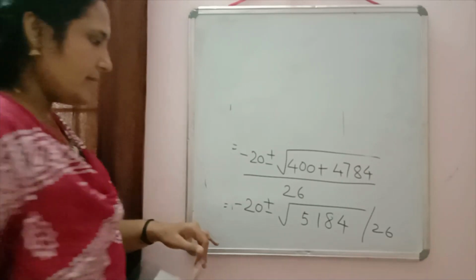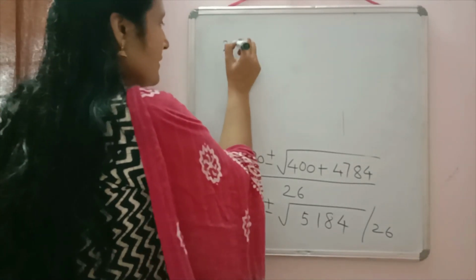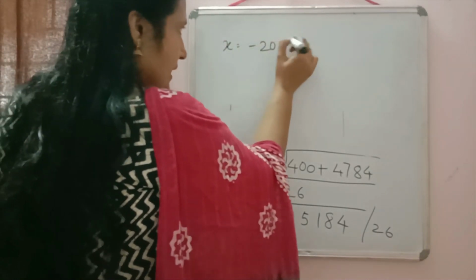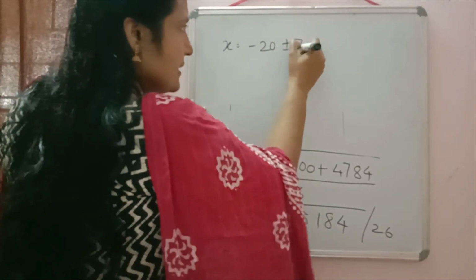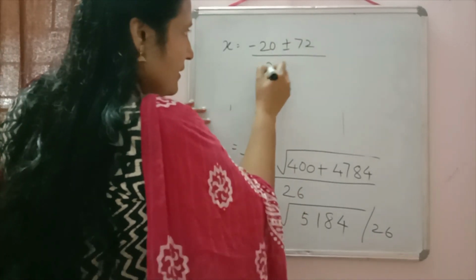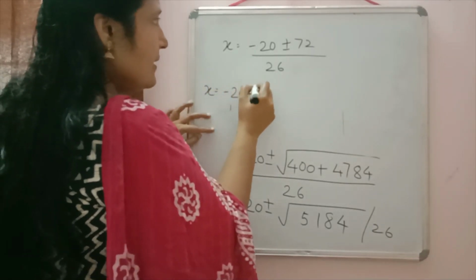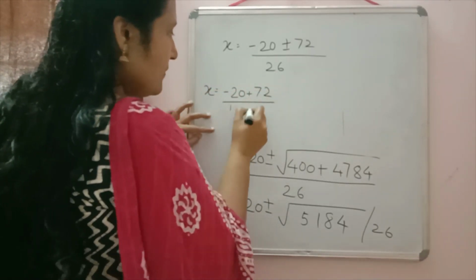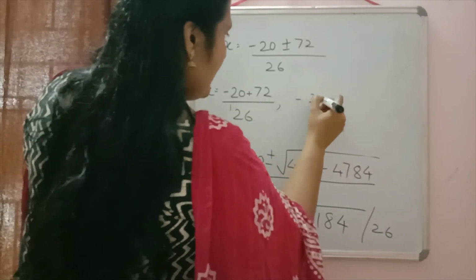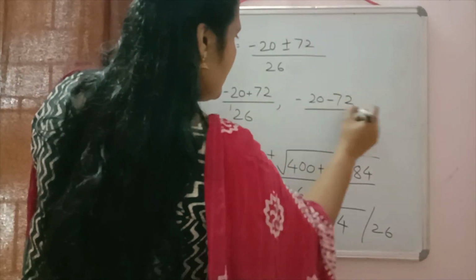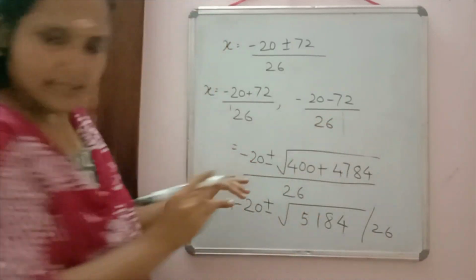So now we are getting x is equal to minus 20 plus or minus 72 by 26. So x is equal to minus 20 plus 72 by 26, or minus 20 minus 72 by 26.